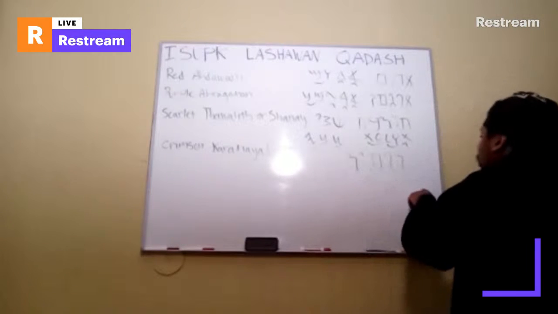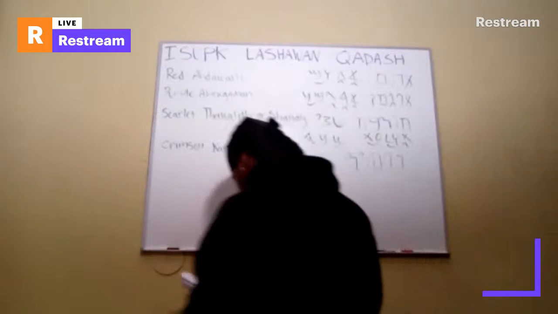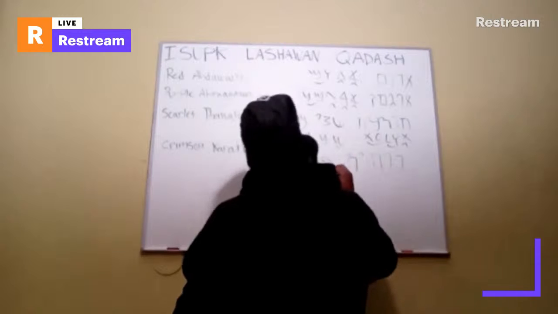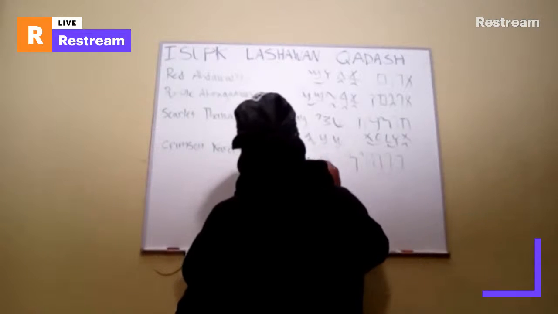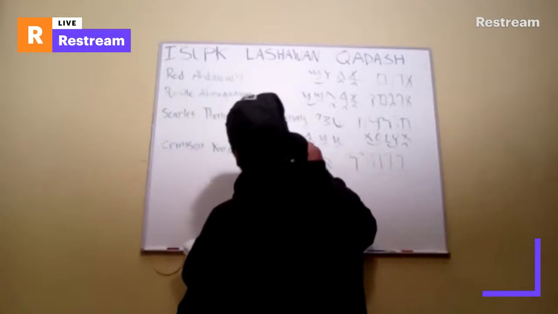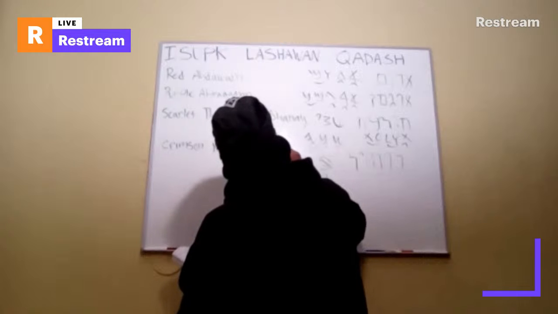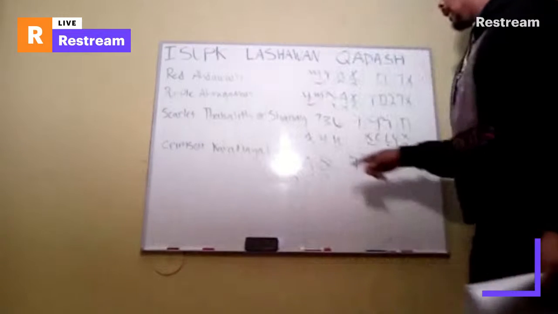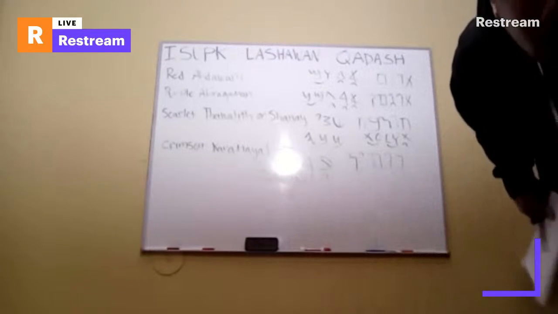Assyrian spelling. Karamayal, right? Ancient is Ka. Ka. Ra. Ma. Yo. Karamayal, right? Make sure y'all can see that.